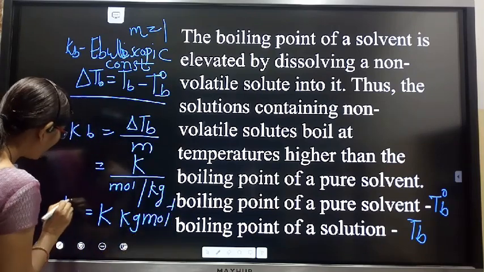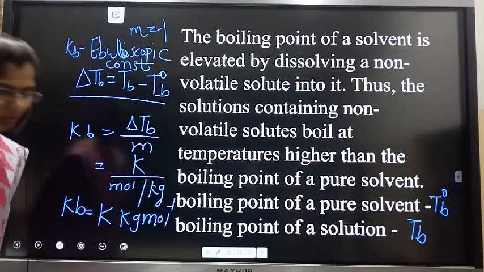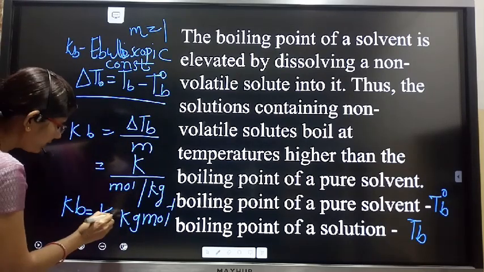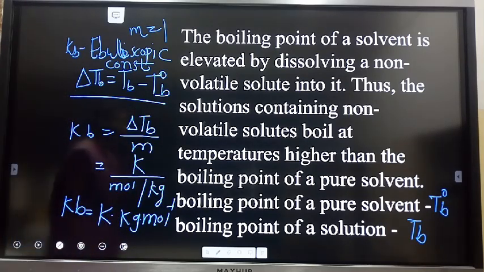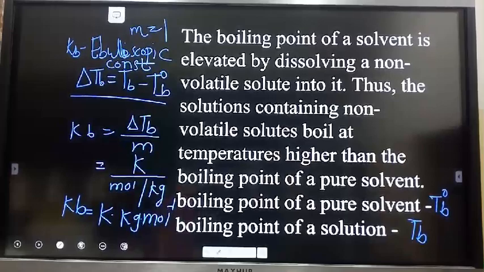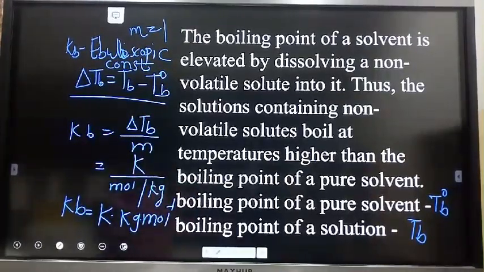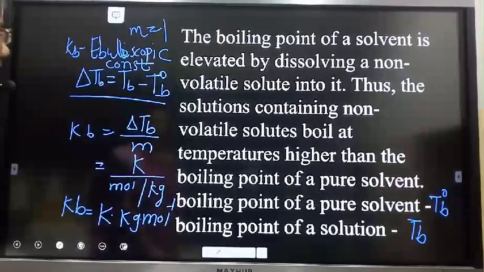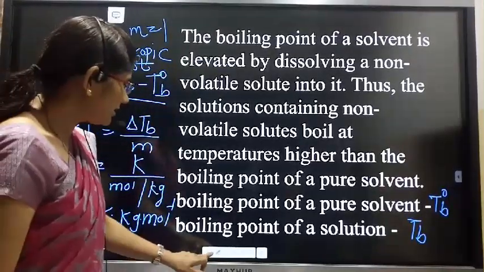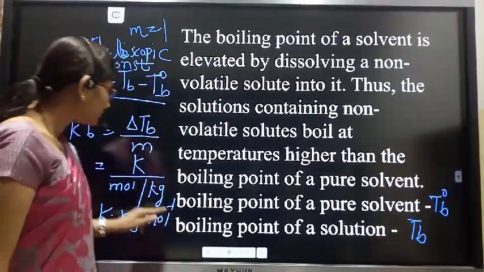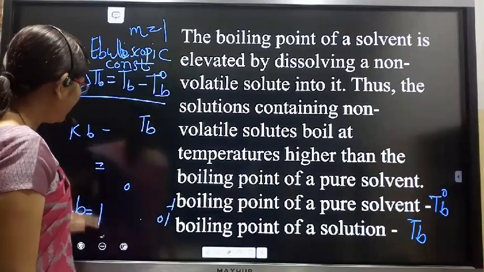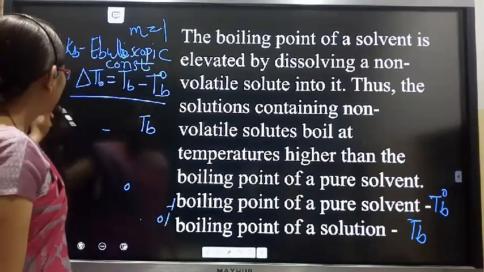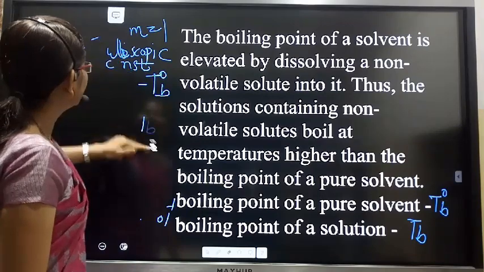What is the unit of Kb? The unit of Kb is Kelvin kilogram per mole. So this is a very important part from the exam point of view. What is the unit for Kb? Kb has the unit Kelvin kilogram per mole. So this is all about the elevation in the boiling point, that means delta Tb.